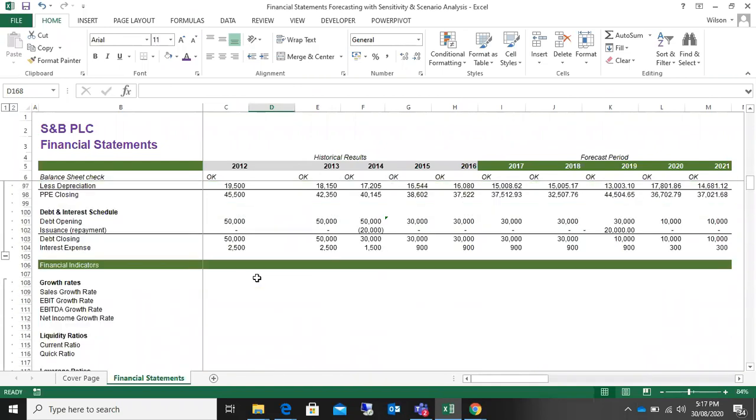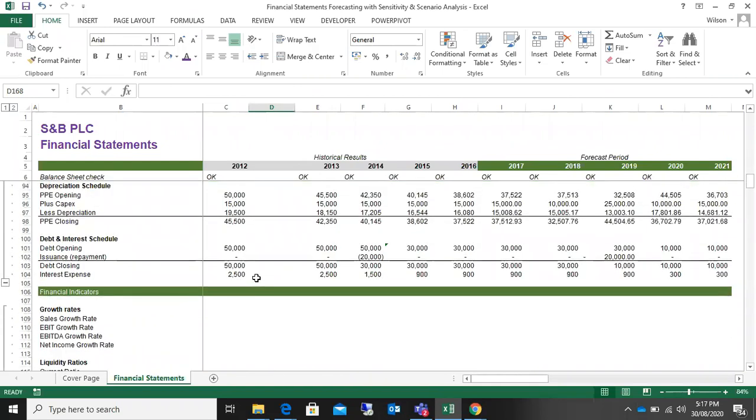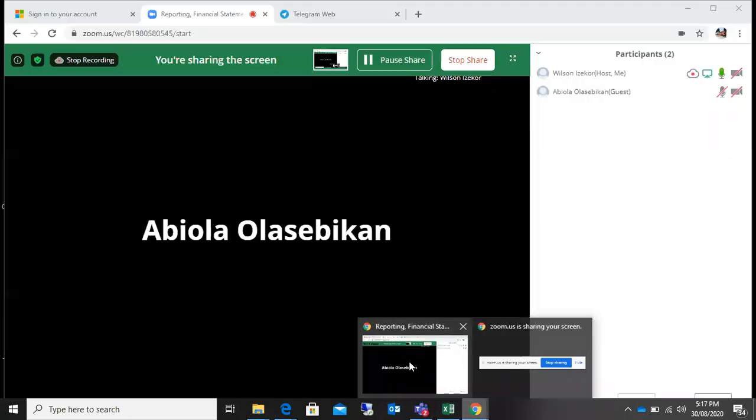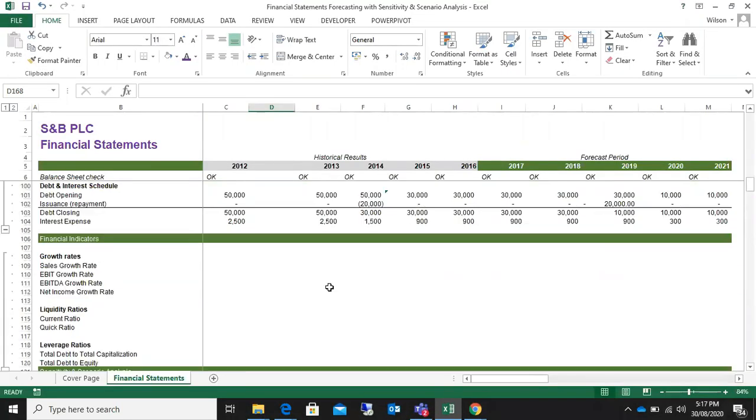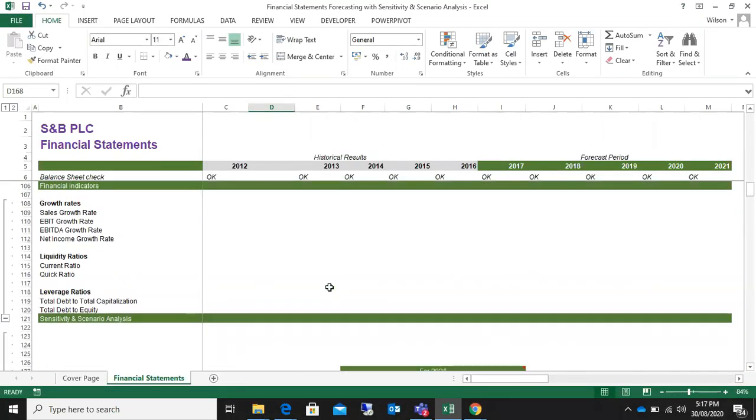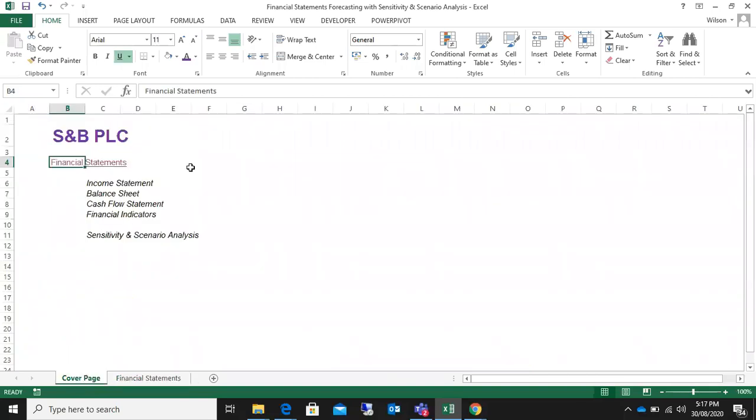When you are doing financial statement modeling, it's important that you include financial indicators. Your financial indicators can come in different ways, but my own style of preparing modeling, which most financial modelers also do, is to include financial indicators after the cash flow statement.